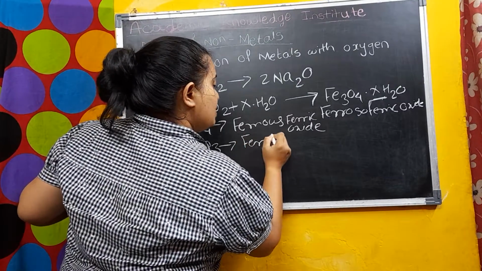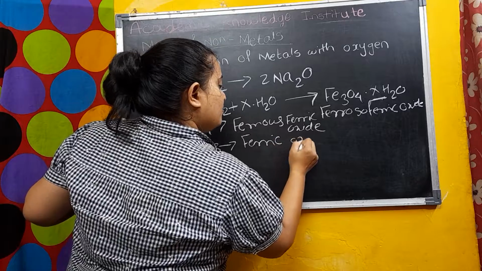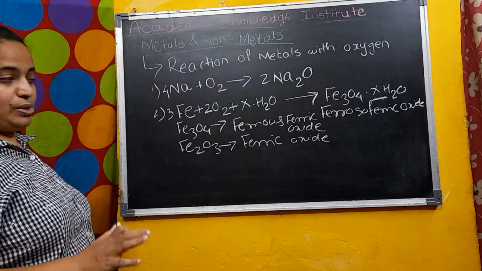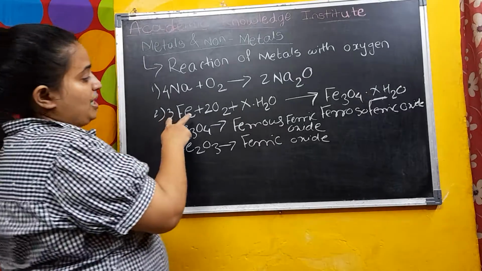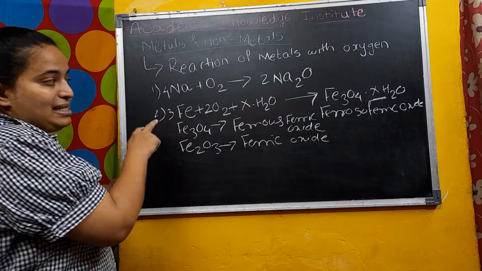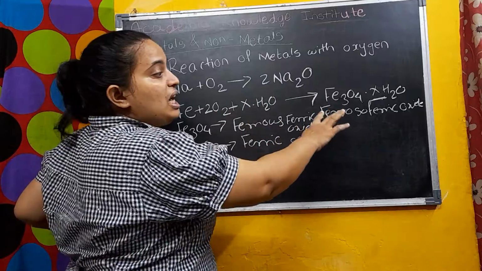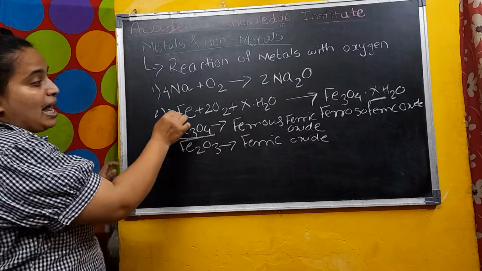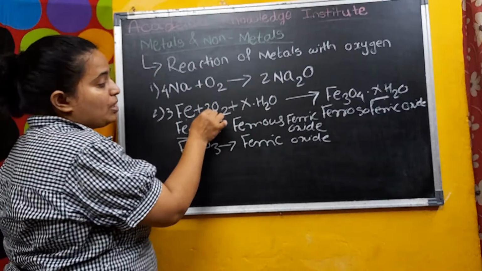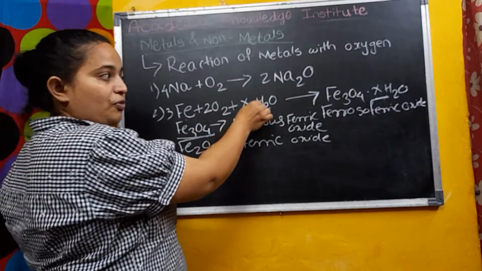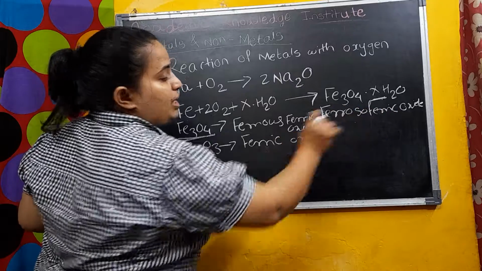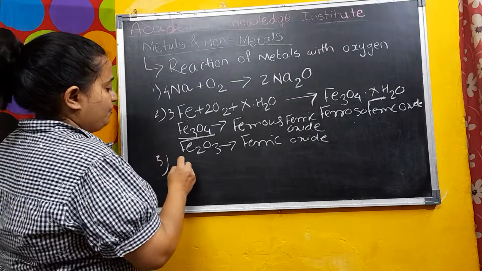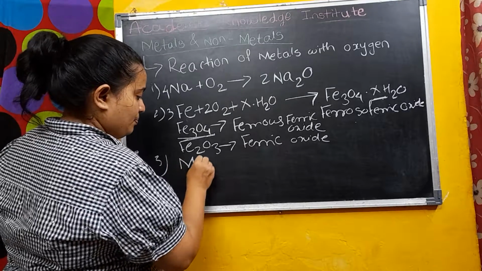So there is a difference between ferric oxide and ferrous ferric oxide. Don't get confused. When iron reacts with the oxygen in air, with water, it will form the ferroso-ferric oxide.